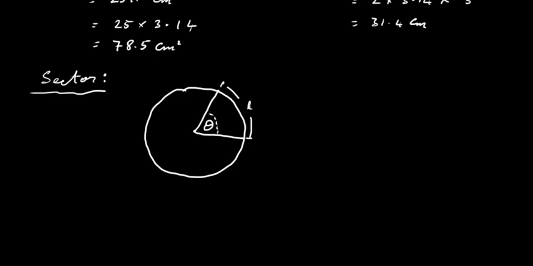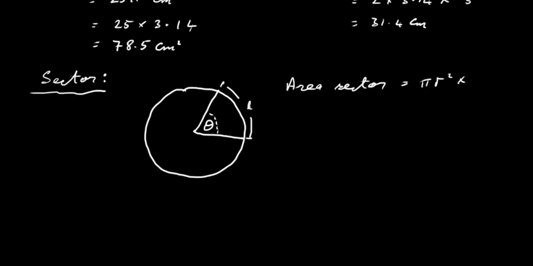So we're going to look at the area of a sector first of all. We have the area of the entire circle. We know that that's pi r squared. It'll give us all the area here, but we only want this section of it. Now this section is going to be a fraction of the entire circle. What fraction is it?